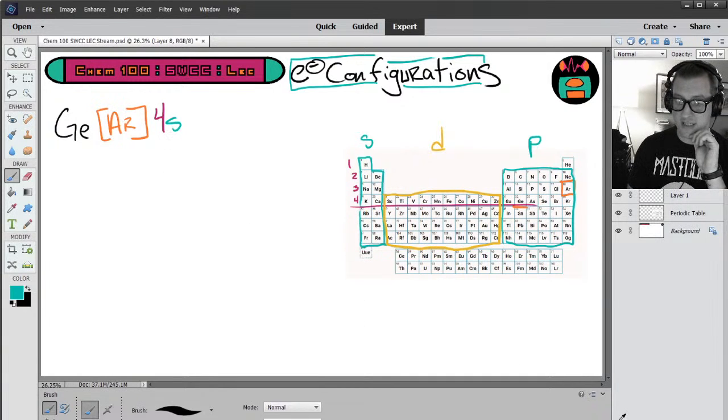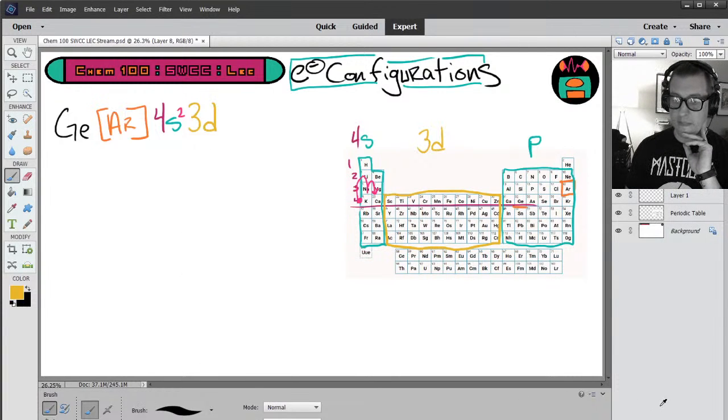First, we're going to fill our S subshell, and we do so starting on the very end, counting over 1, 2 spaces. So this is 4s2. Now we know that when you move into the D block, you have to drop your energy level by 1. So we're going to fill our 3d subshell next.